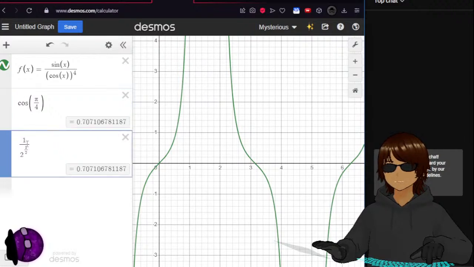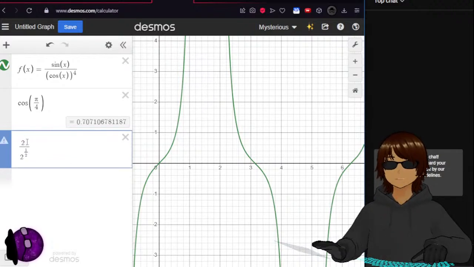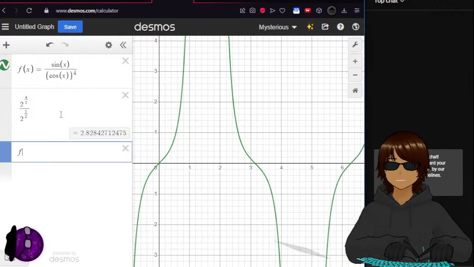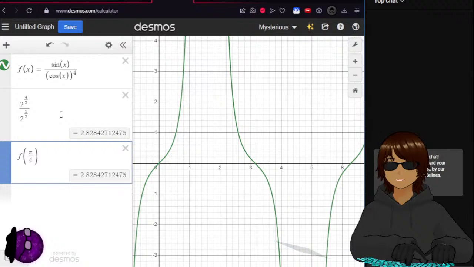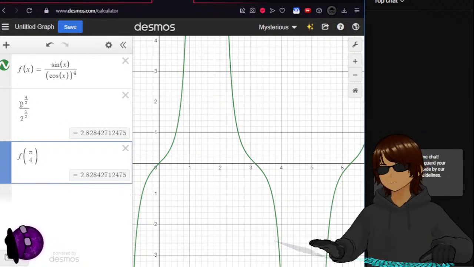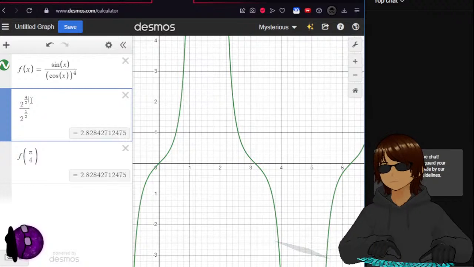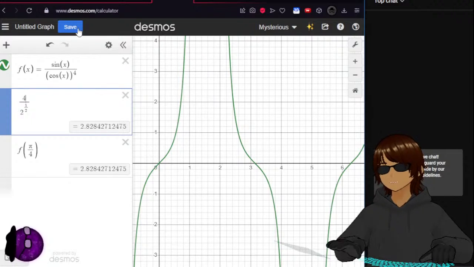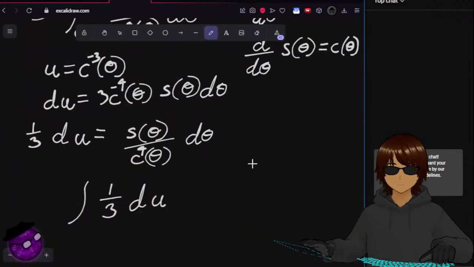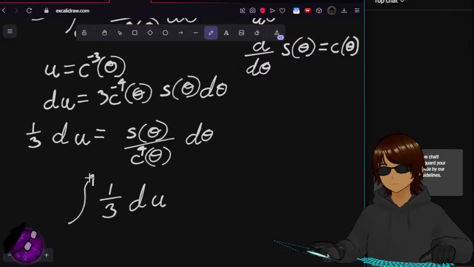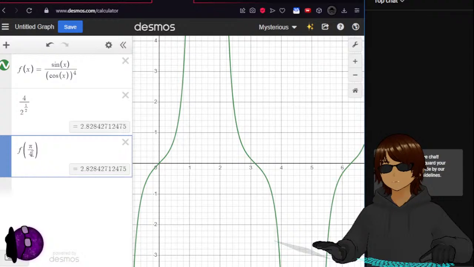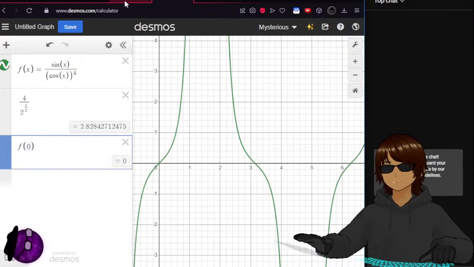This to the power of 4, 2 to the power of 4 over 2. So if I do f of pi over 4, yeah, I think it's 2 squared, 4 over root 2. Zero and 0 would give 0.